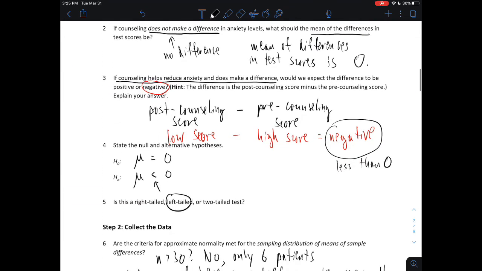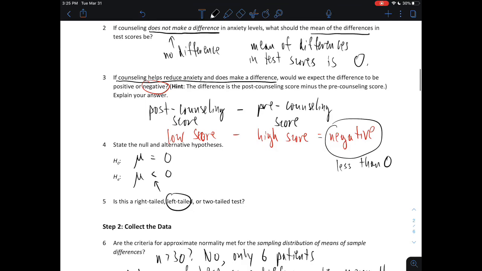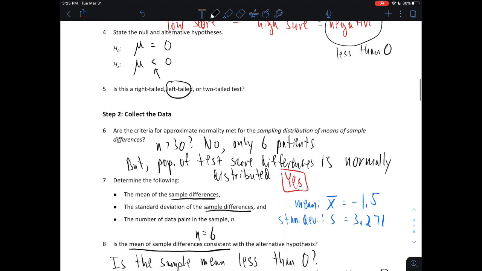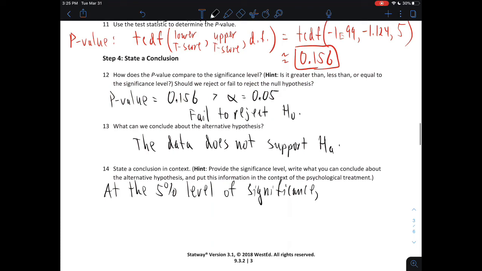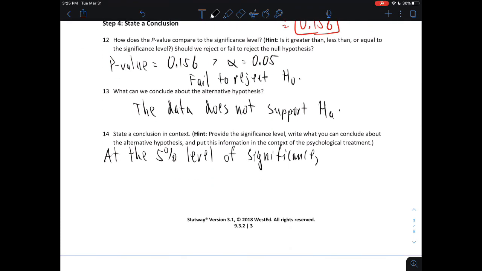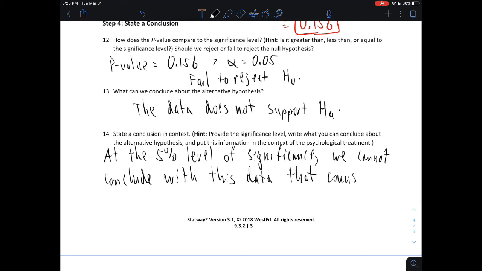Since we did not reject the null hypothesis, it seems like the mean of differences in test scores is 0, which seems like there is no difference. So, at the 5% level of significance, we cannot conclude with this data that counseling helps to reduce anxiety.